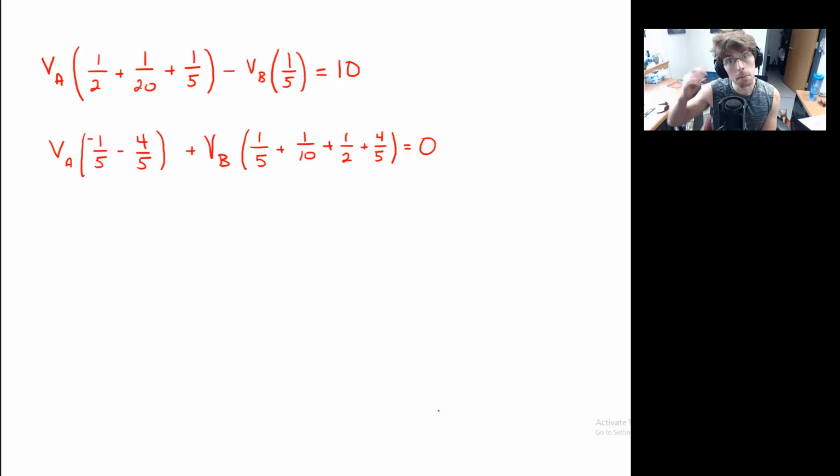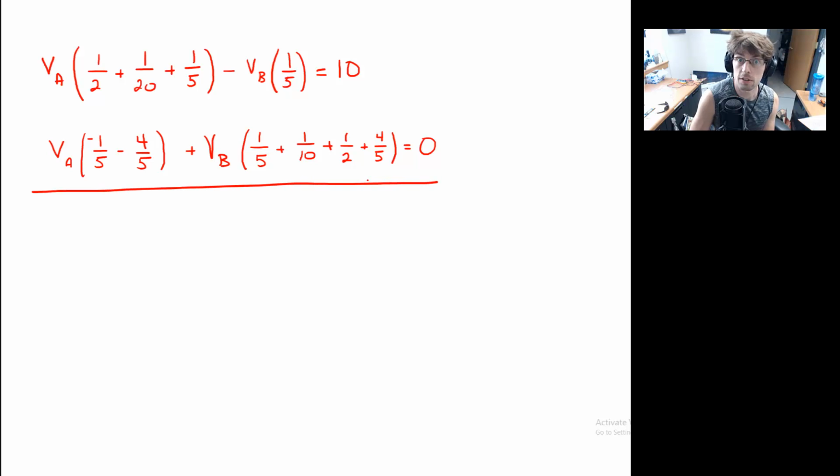So I've taken the liberty of rewriting this, and now we're in a position where we can go ahead and substitute it into a matrix, or you could probably sub and solve since it's only a 2 by 2. That's fine. I'll go ahead and write it in matrix form, an augmented matrix.